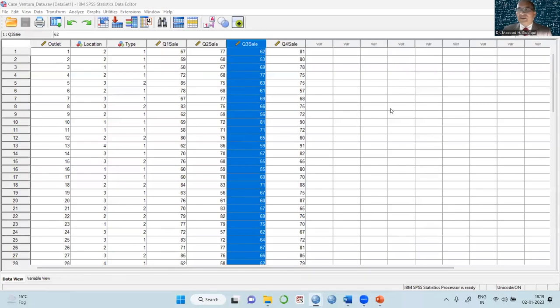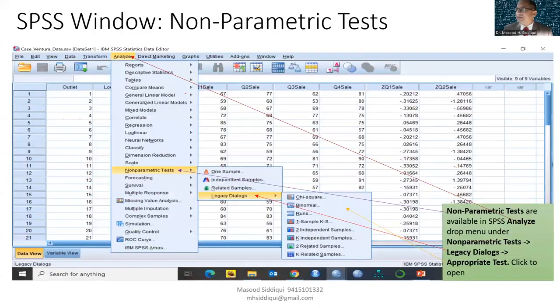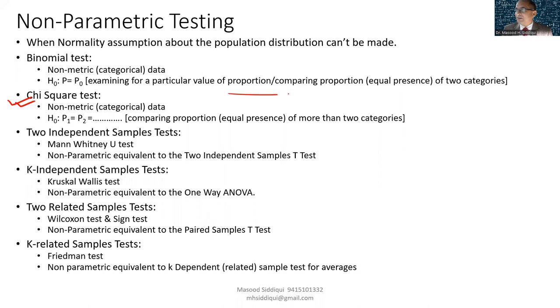Suppose we want to examine whether we have equal proportion for the four locations or not. So let me first propose the hypothesis, then we should compare. H naught: there is equal presence, meaning P1 equals P2 equals P3 equals P4, and this is for location, meaning there is an equal proportion of each location in the data set.